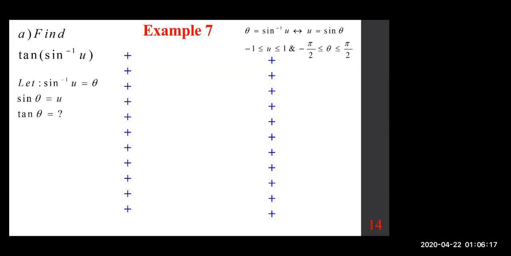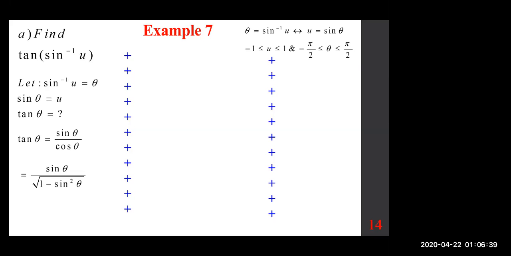Okay? And so, with that being the case, there are a number of ways to do that. You can say tan theta is sine over cosine. Sine is u and cosine is square root of 1 minus u squared. So that is really the fast and easy way to handle it.